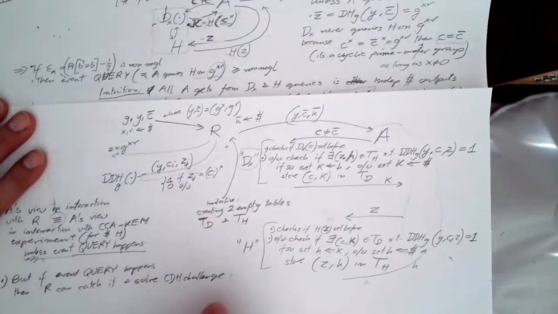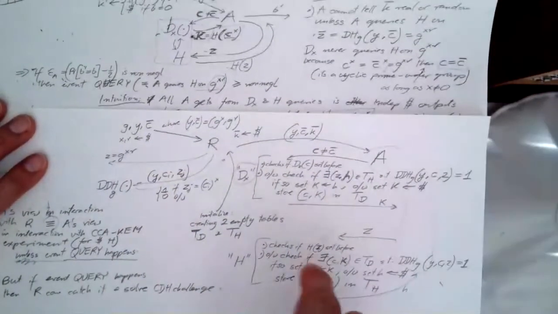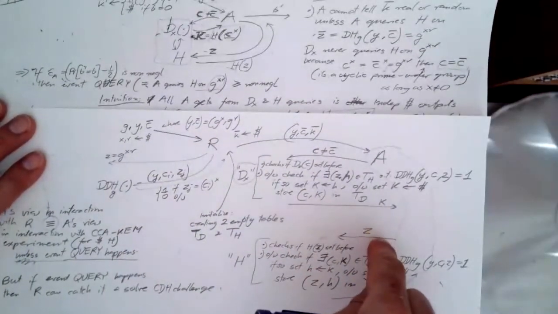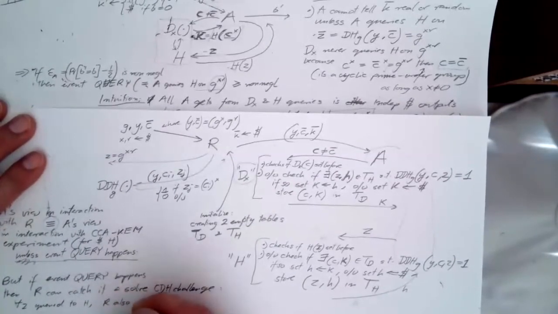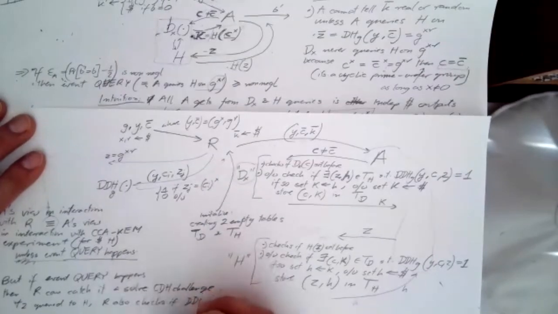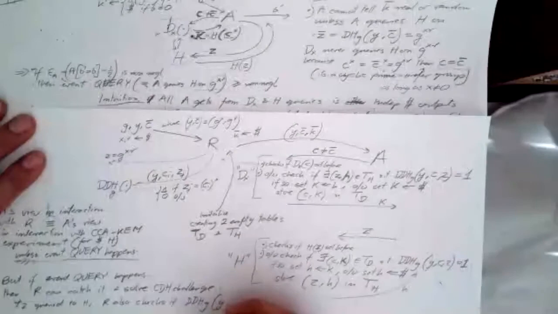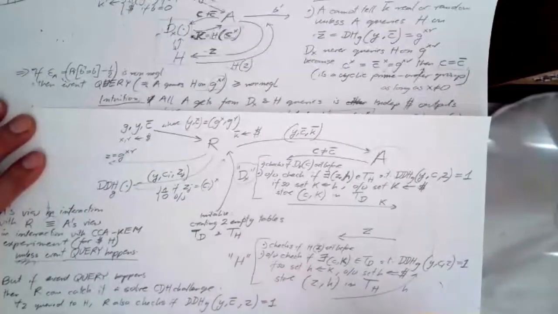So what does R do in addition? It has to basically detect that some of these Z's perhaps are this. So for every Z queried to H, R also checks if the DDH G on the challenge perhaps is 1.